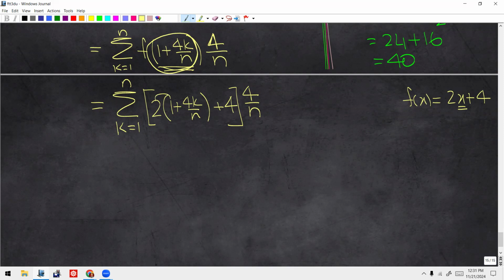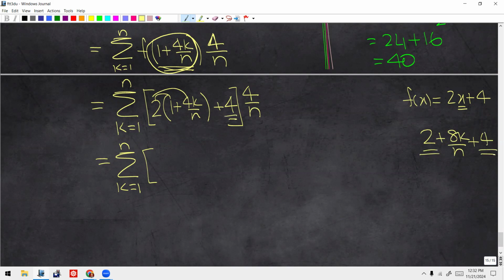I'm going to distribute and then I'm going to collect some terms and then see what we get. So can you guys help me so I can save a step? What happens if I distribute? I'll get what? 2 plus 8k over n plus 4, correct? I have that 4. I can collect what? The 2 and the 4. So we get 6 plus 8k over n times 4 over n.